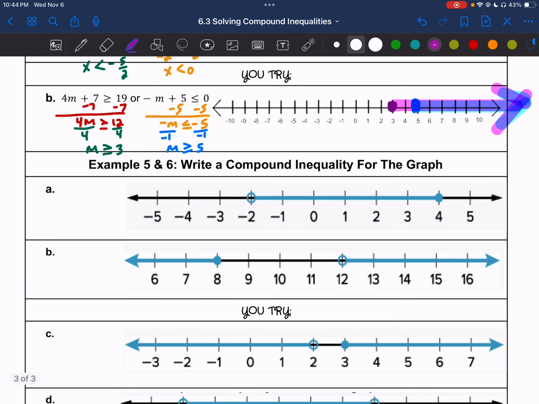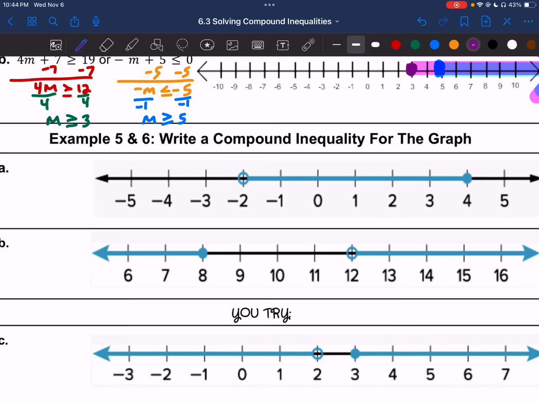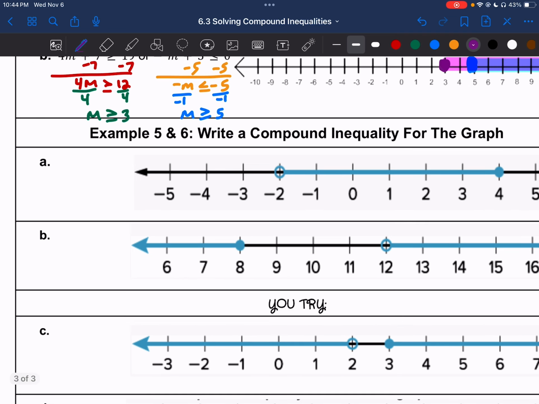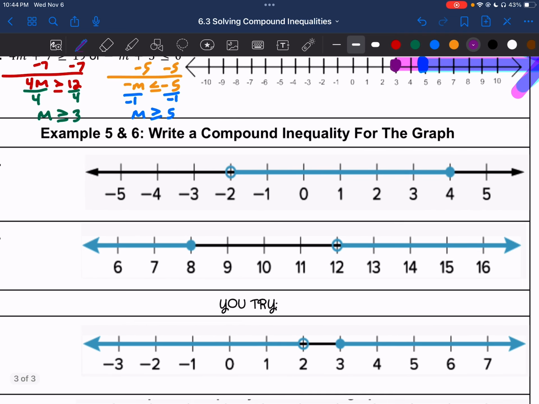All right, let's take a look at the next section here, examples 5 and 6, which is writing a compound inequality for the graph. Now, if I'm looking at my graph here, I see the fact that I have an open dot at negative 2, I have a closed dot at 4, and I'm shading in between. So the way I'm going to write this, that is clearly an and inequality.